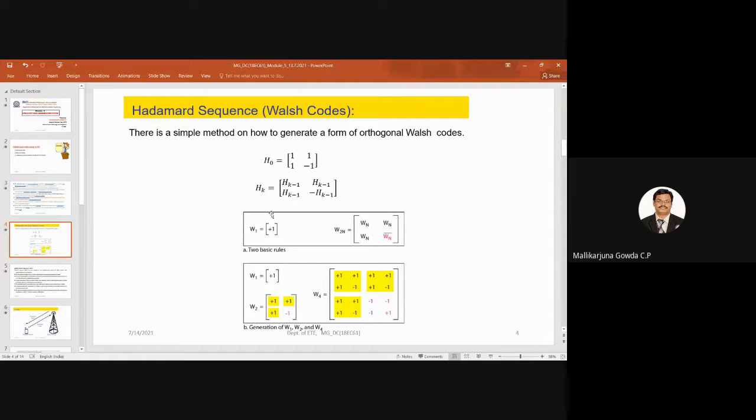These are the two basic rules: W1 is +1, then W2n is Wn, Wn, Wn, and the complement of that. In the same way, here it is shown for three different values of n: W1, W2, and W4. Hope you are able to follow what I am saying.